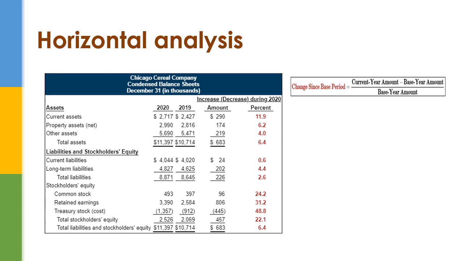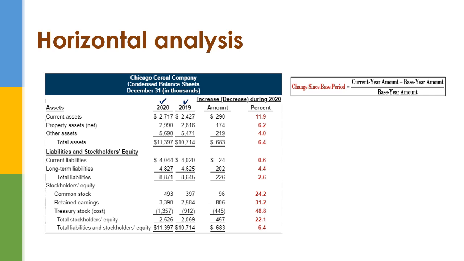Horizontal analysis, also known as trend analysis, is a technique for evaluating a series of financial statement data over a period of time. For example, here we have a comparison between 2019 and 2020.